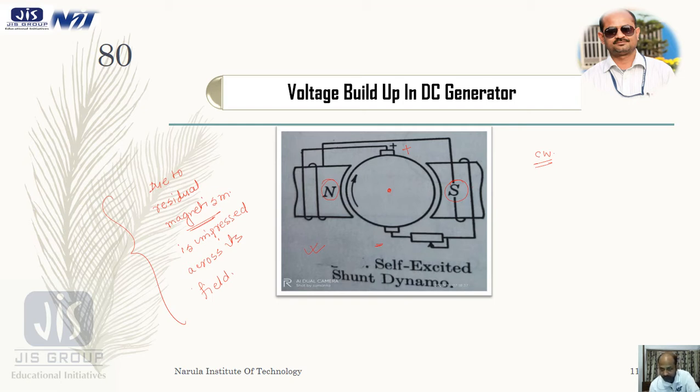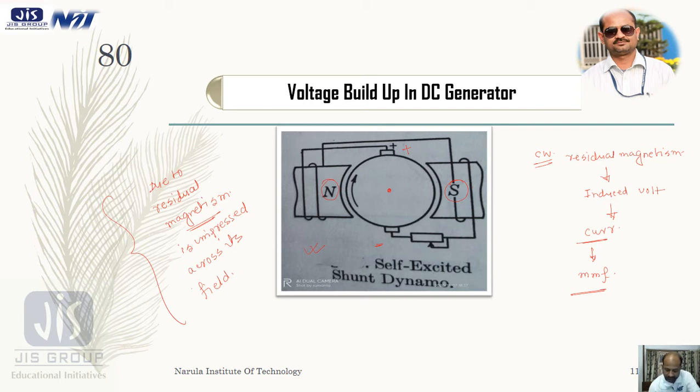Now, due to residual magnetism, there is a production of induced voltage, which in turn results in a flow of small current through the field turns, which results in an MMF that acts upon the residual magnetism.